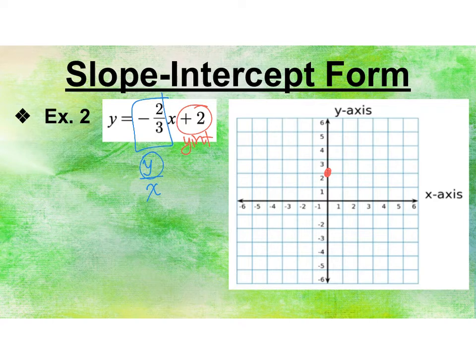So from my point, I'm going to go down 2, because this is -2. So down 2 over 3 to the right, and I have a point. Down 2 and over 3 to the right, and I have another point, and I have the graph of my line. Double check, it's a negative slope. My line should be falling, and I do go through my y-intercept of 2.